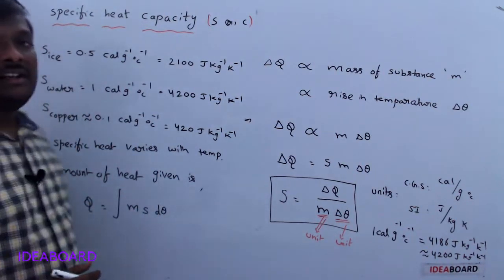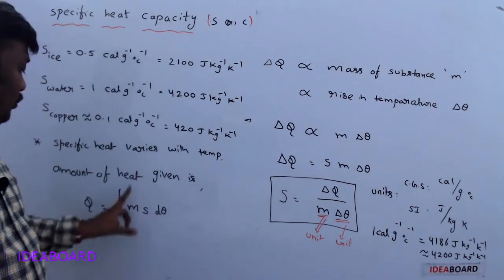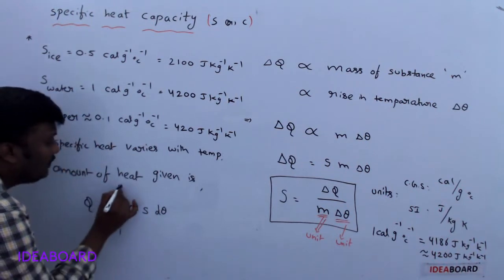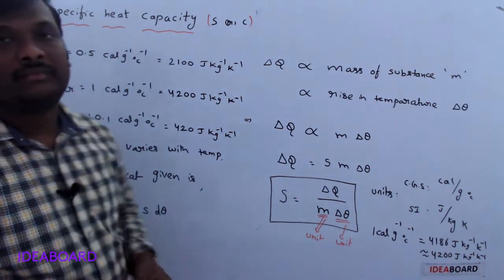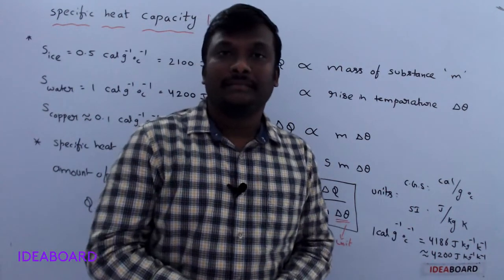Here d theta is the variation in temperature. Since s varies with temperature, you must integrate between the limits theta 1 to theta 2. Understand? So this is about the specific heat capacity.